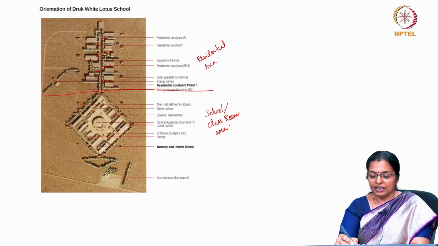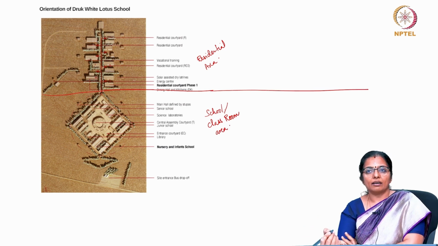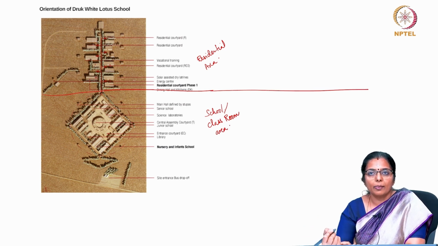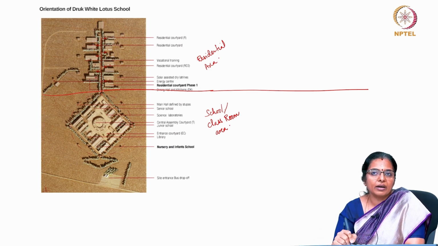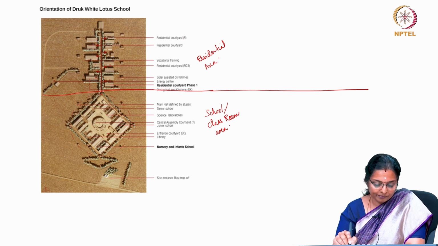If you look at the school and classroom area, these are designed to take maximum advantage of the sun. During daytime, teaching and learning happens here, and this is oriented 30 degrees from the south towards the east.